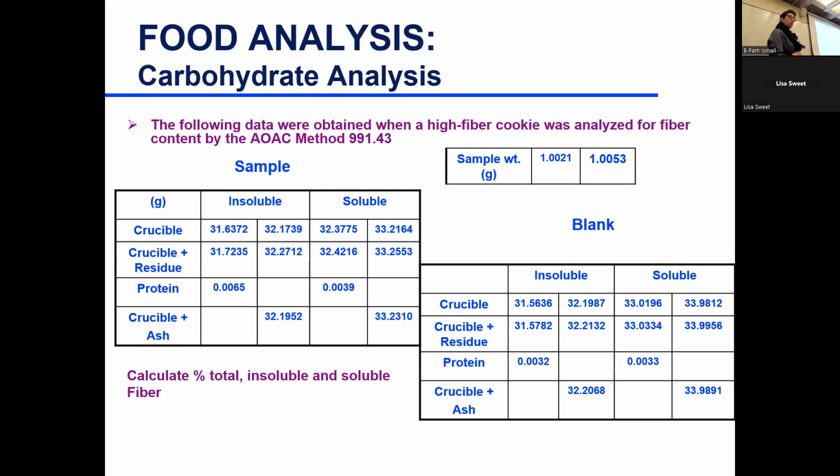However, we need to do protein to remove the residual weight that is due to protein. So we do Kjeldahl and we get how many grams of protein we have. You notice that we use one rep to get the protein and another rep to get the ash, because we won't be able to do protein and ash on one sample because they destroy the sample.